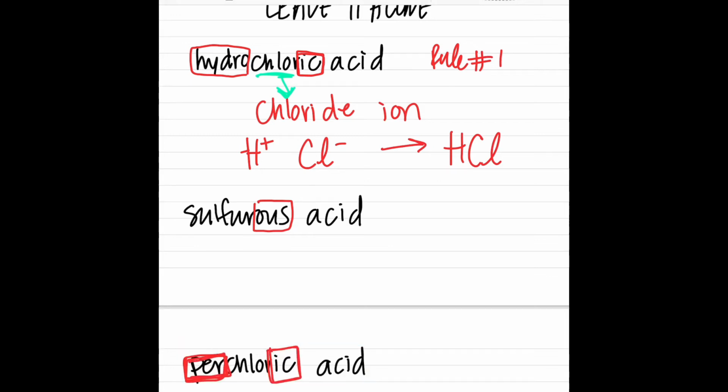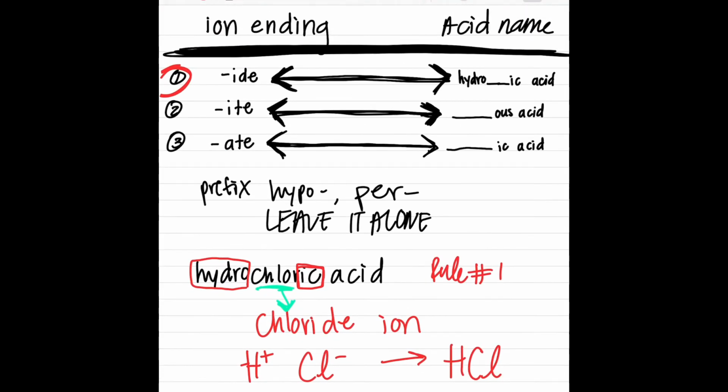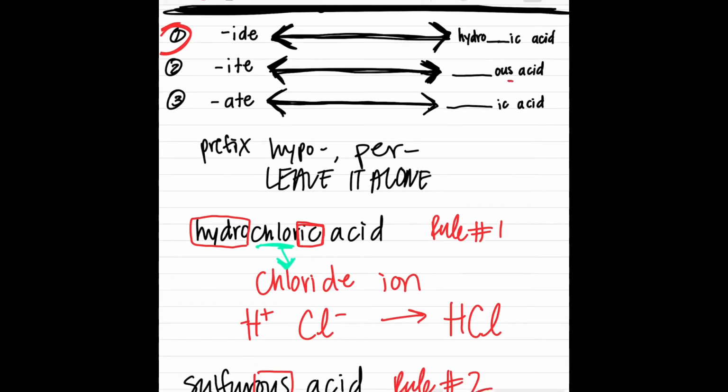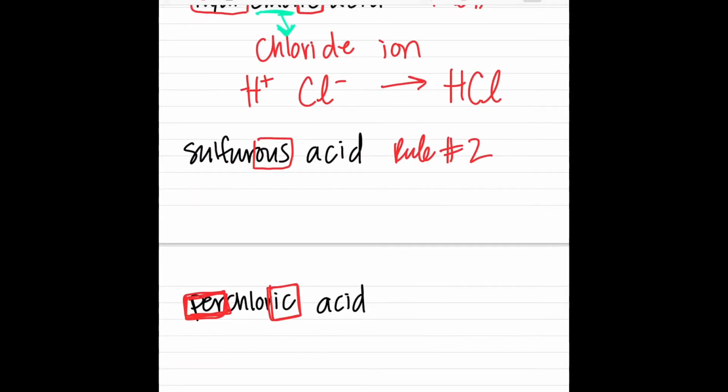So we said that this was rule number 2. Rule 2 is ous acid, and it turns into an ite ending. So you take the base and you add that ite ending. So it was sulfite.